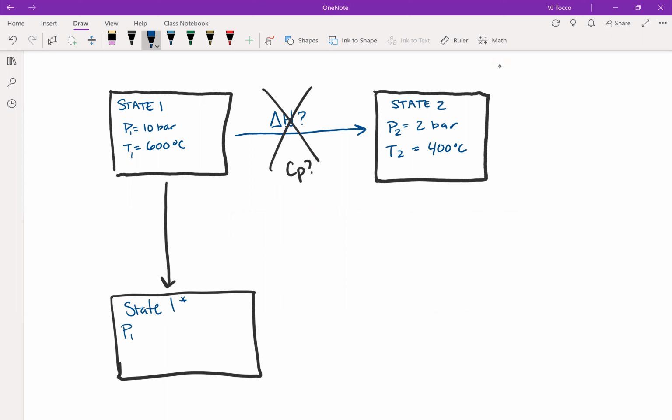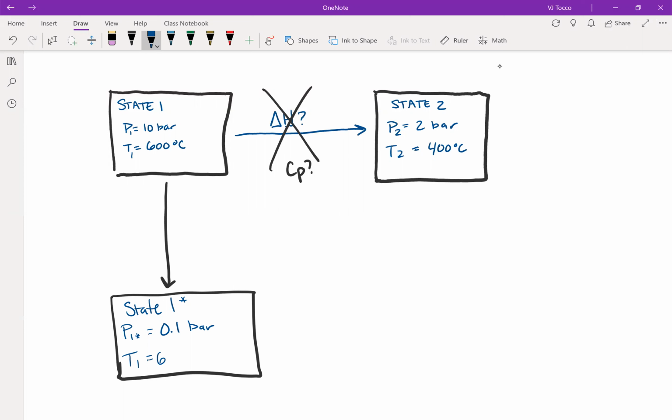And for my P1 star, I'm going to lower the pressure by an arbitrary amount until I can imagine that the gas is ideal. So let's just try a low pressure, 0.1 bar. Relatively low. I'm going to assume at that low pressure I do have an ideal gas. Literally, I could go all the way down to 0 bar, but then we're getting into theoretical stuff, so I want to pick something that's still tangible.